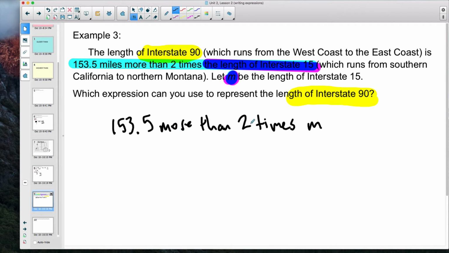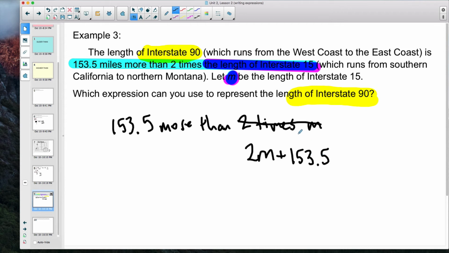So let's start with 2 times m. 2m, because when I've got this number right next to this variable, this implies multiplication. So that takes care of this. And 153.5 more than, well, if you go back to your little cheat sheet, your clue words, more than means addition. So plus 153.5.